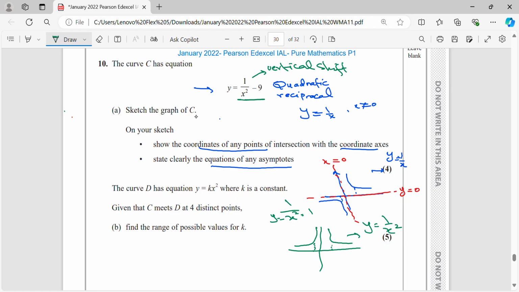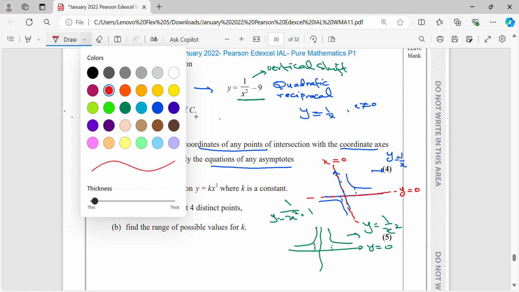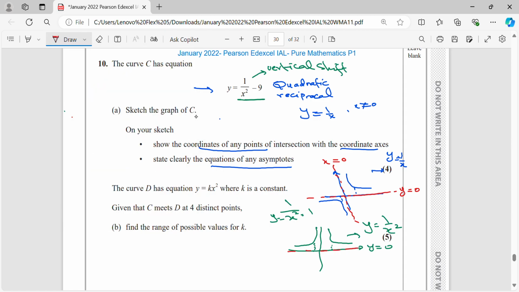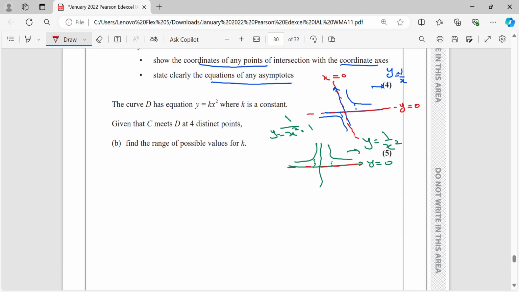My asymptote here is y equals 0, so when I move it down, I shift this asymptote 9 units down.